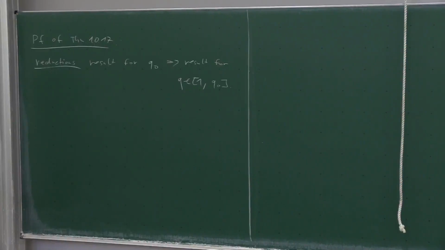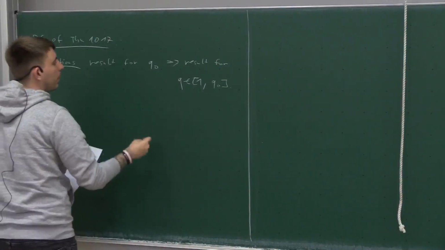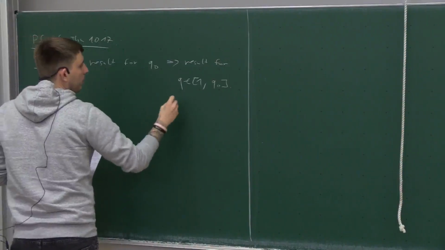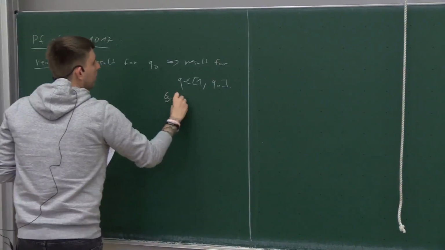So in this sense, often it's sufficient to treat one extreme case and then conclude the rest from it. How does it work? This is by Hölder's inequality.